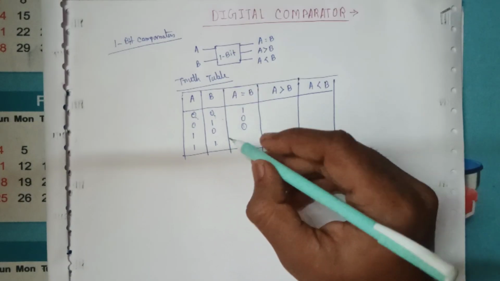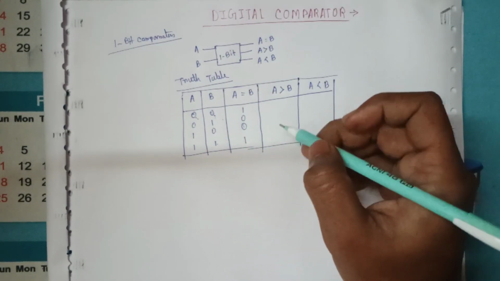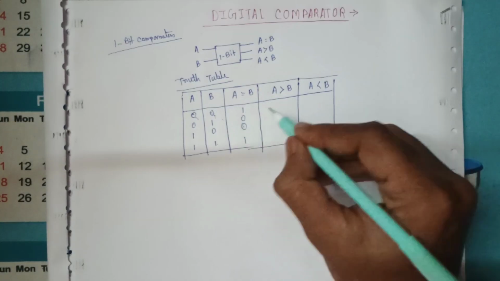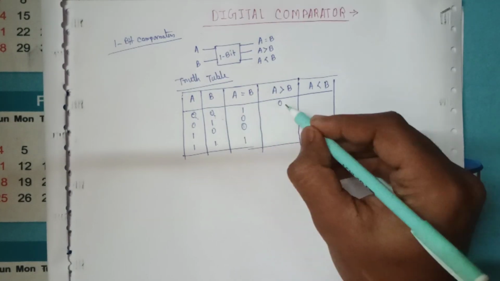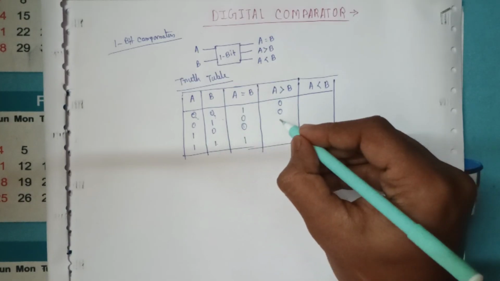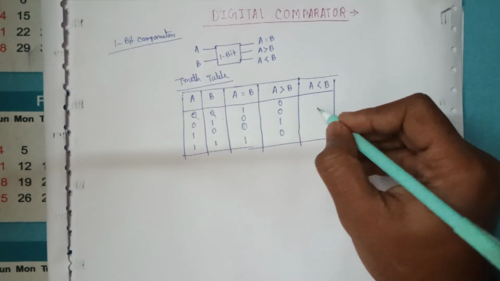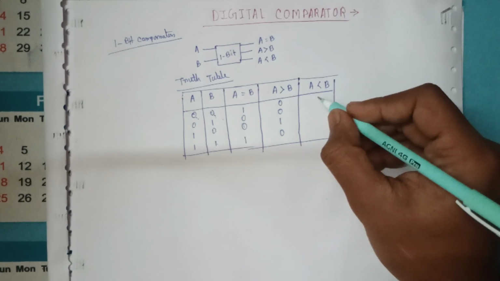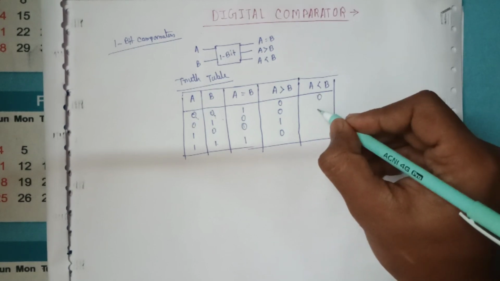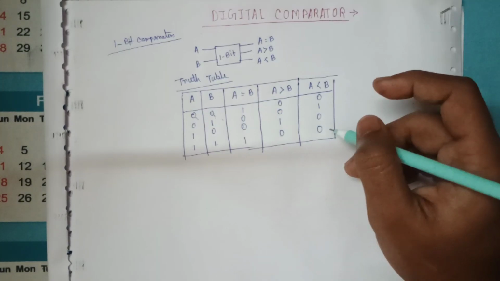And for the last case, that is again true, 1 equals to 1, so 1. Here this is false, this is false, this is true, so 1, and this is again false, so 0. And for the last case, this is 0, this is 1, and these two are 0, right?